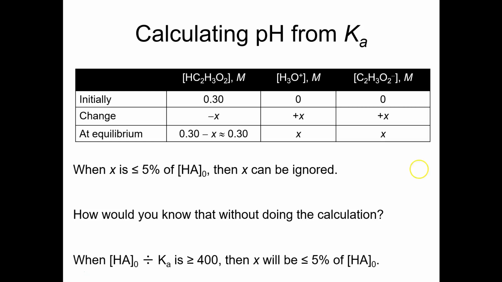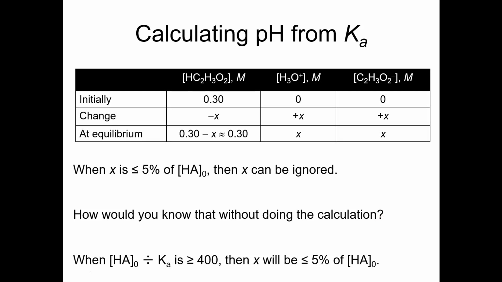And that is, if you take that initial concentration and divide it by the value of Ka for the given weak acid, and you find that this number is greater than or equal to 400, then the value of x is going to be less than or equal to 5% of HA, and therefore your assumption is going to be justified.